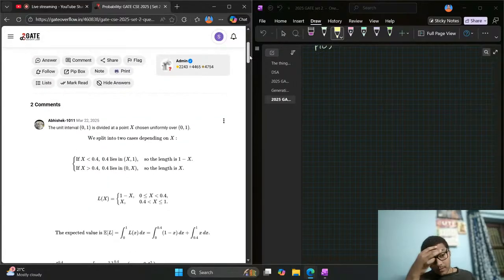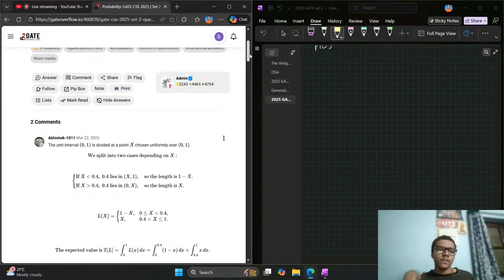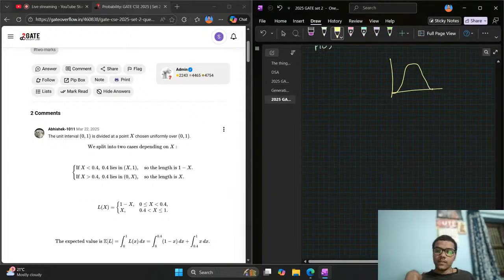Alright, so 0.4 was the place where it is splitting. If we consider something like this, 0.4, before that is one part and after that is another part.